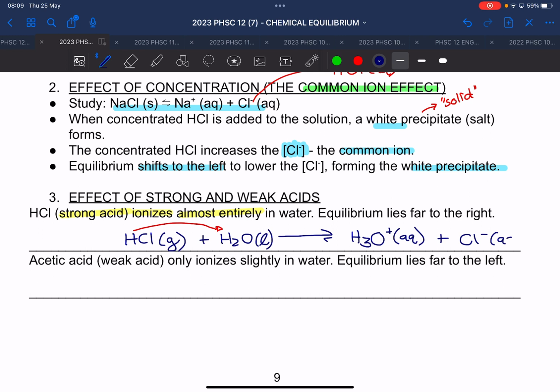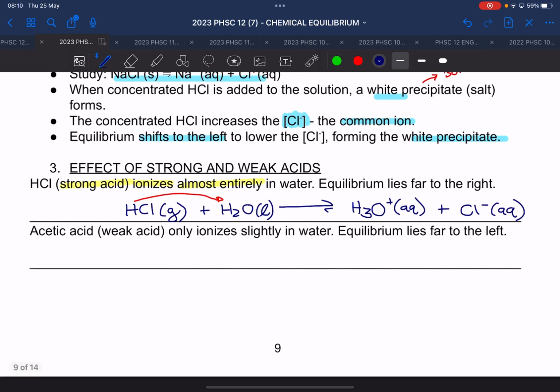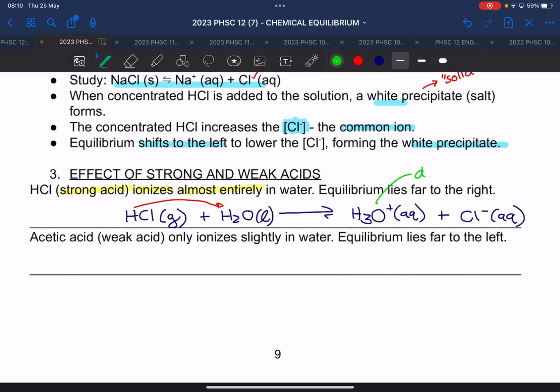No. That is an intermolecular force. A dative covalent bond. Does that ring a bell? Okay, so in here you find a dative covalent bond.